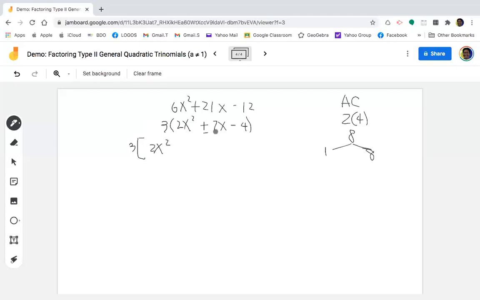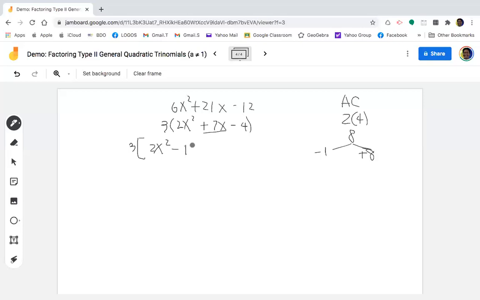Now we rewrite 7x using these two terms. By the way, we haven't distributed the sign yet. Whenever you do subtraction, the signs will be opposite. It's not like before where the signs are the same. Here it will be opposite. The sign of the middle term goes with the bigger number. So 8 will be positive and 1 will be negative. All right. Well, let's do that.